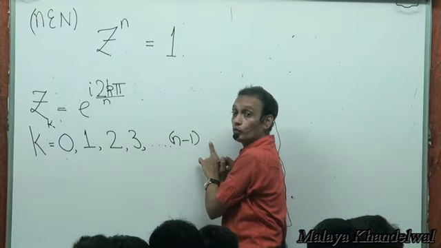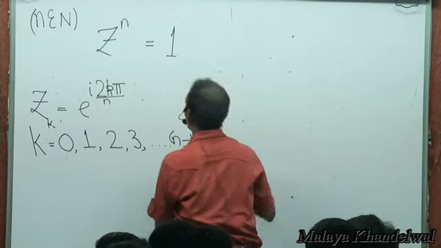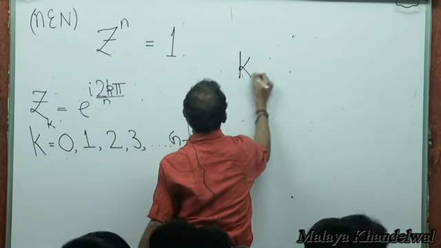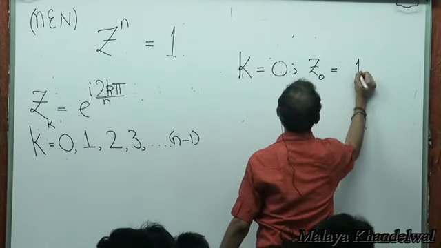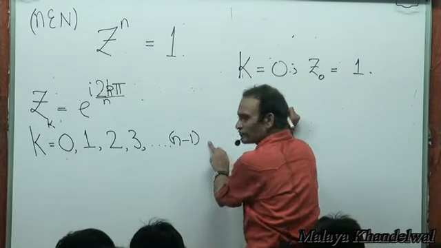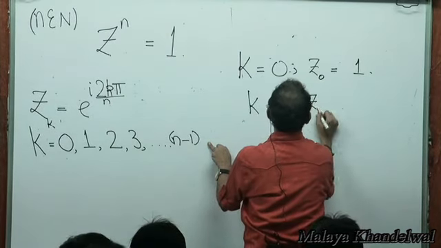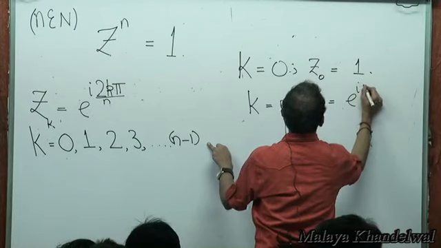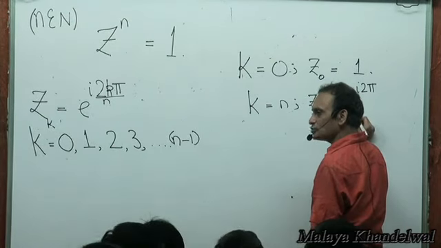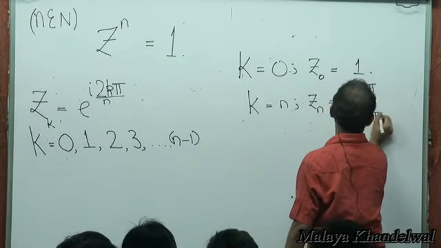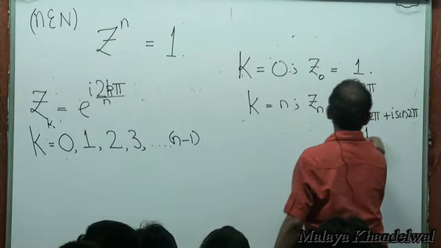Now, if you plug in k equal to n, you get the same value as k equal to 0. For example, k equal to 0 gives me z0 as 1. Look at k equal to n: zn would be e to the power i 2 pi, which is cos 2 pi plus i sin 2 pi, which is 1.